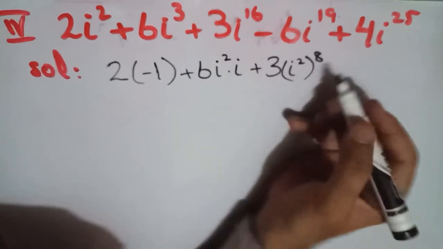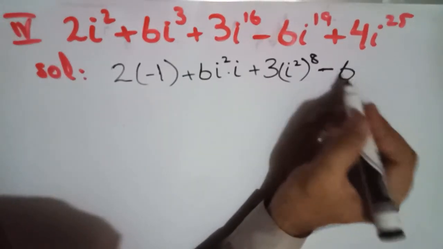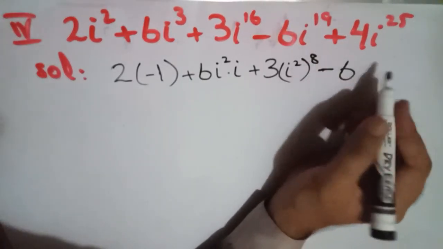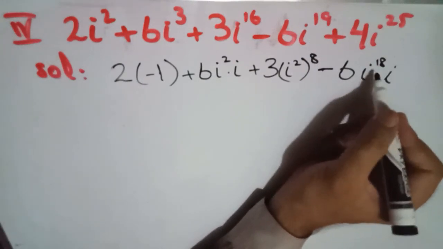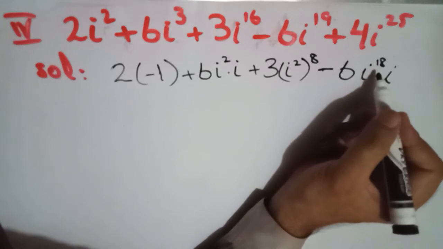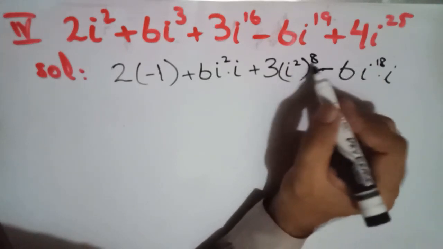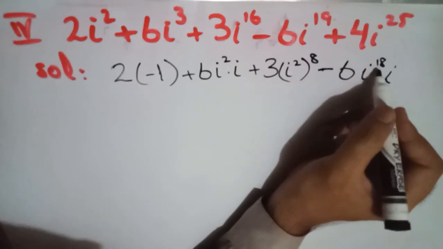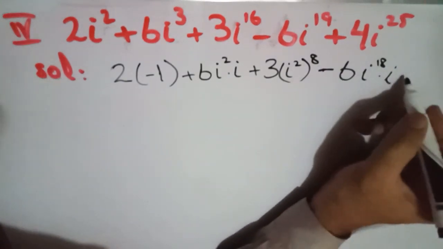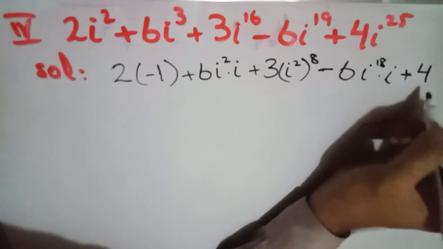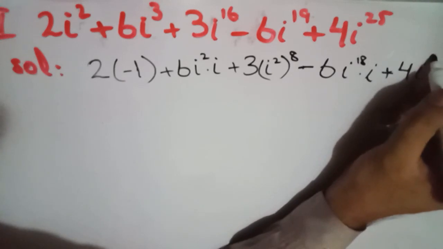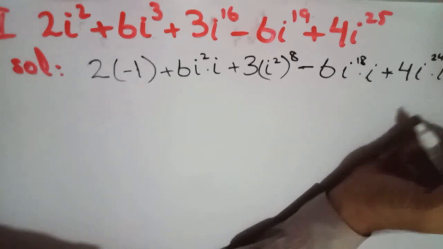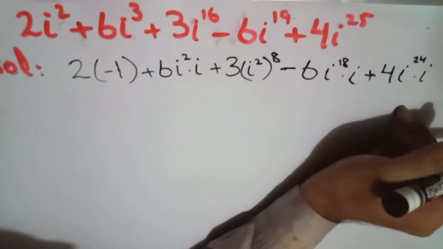Minus 6 iota's power 19 can be split into iota 18 and iota, because we have to split the power into even numbers. 8 2s are 16 and 9 2s are 18 in the next step. Also plus 4 iota 25 can be split into iota 24 and iota. Okay, you can write like this.